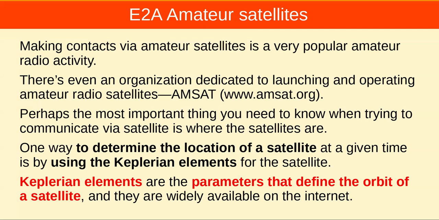There are actually computer applications that will do that for you and show you the path. And most of those, I think all of them, you have to input what's called the Keplerian elements. ARRL puts one out, I'm not sure if it's every day, but it's pretty frequent, for a lot of the different satellites, and it'll show all the orbital numbers that you need to put into the program.